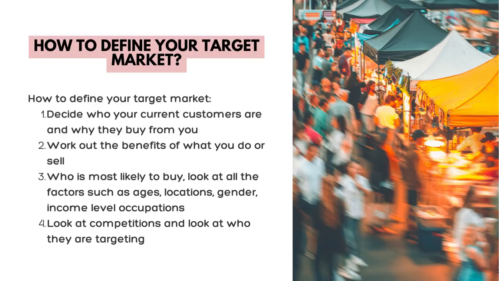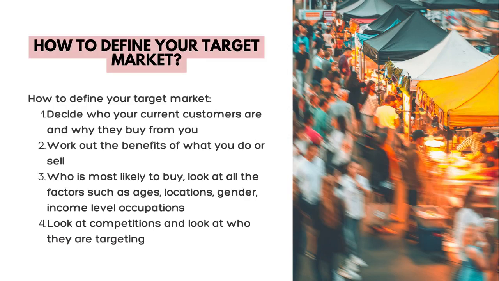So how to define your target market. How do you define your target market? First of all, you need to decide who your current customers are and why they buy from you. This is part of your research for your audience, basically. This will help you understand your audiences a bit better.